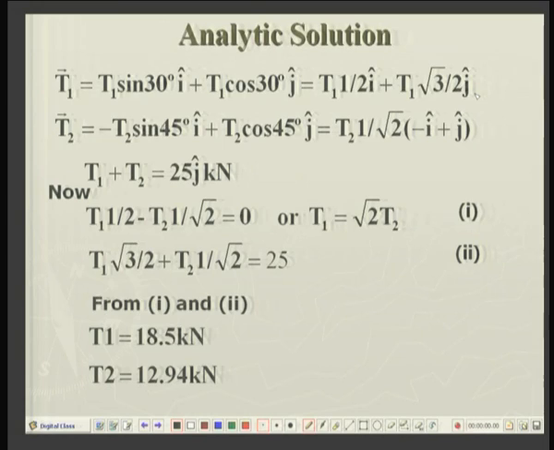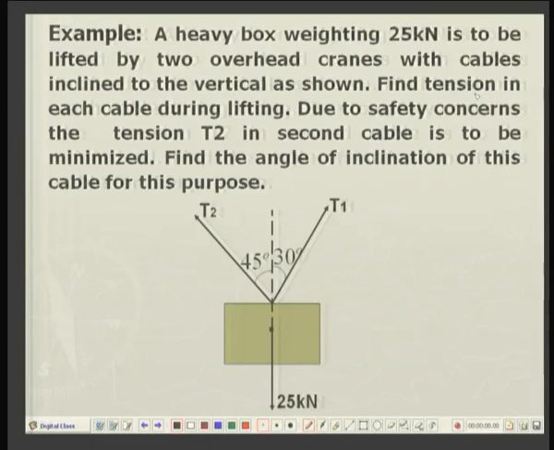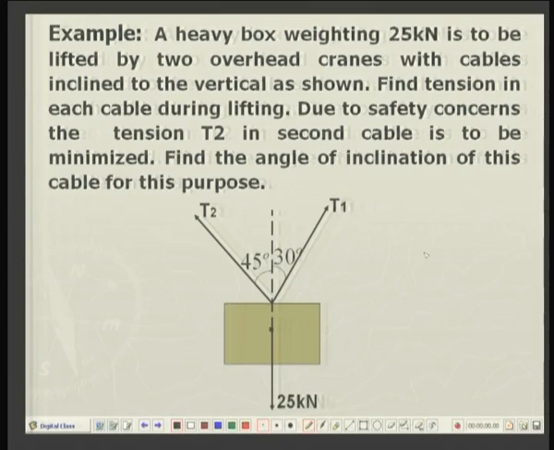If we do the same problem analytically, if I go back, you can easily see tension T1. Let us say this is my x axis and this is my y axis. In all problems of this kind, first you should fix your axis. So, this is my unit vector i, this is unit vector j.